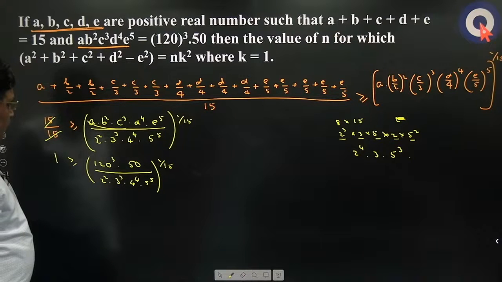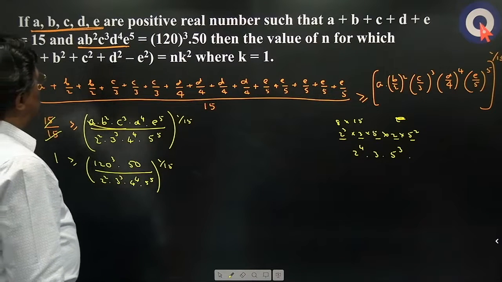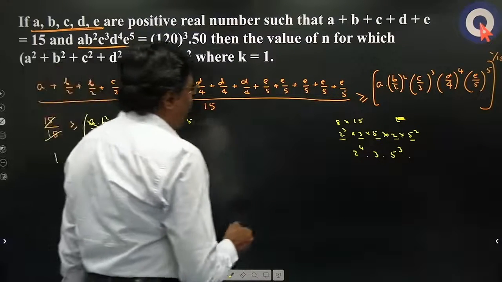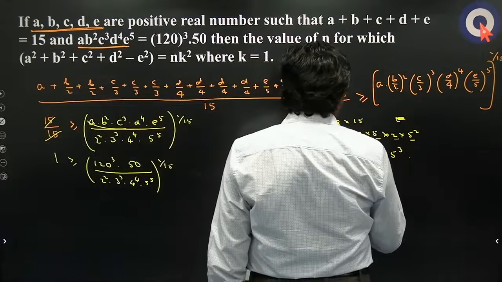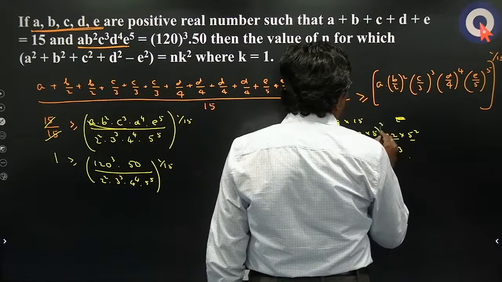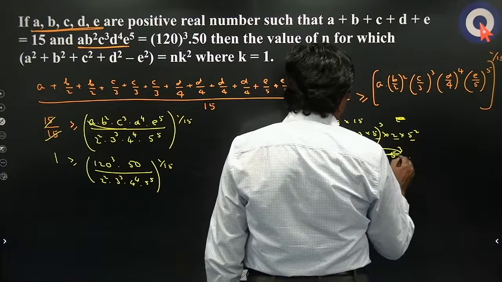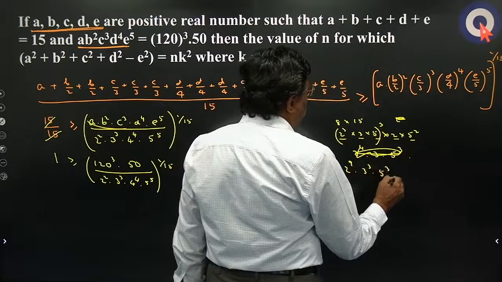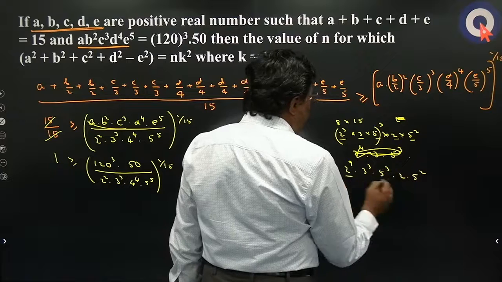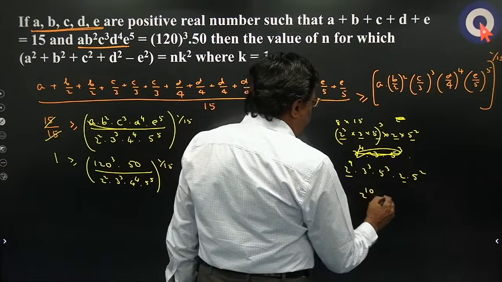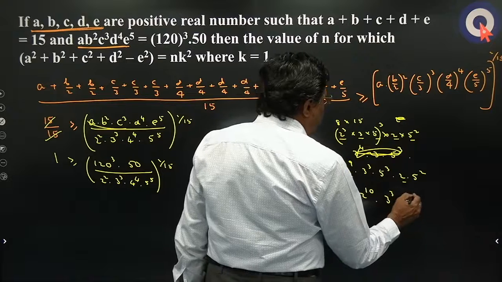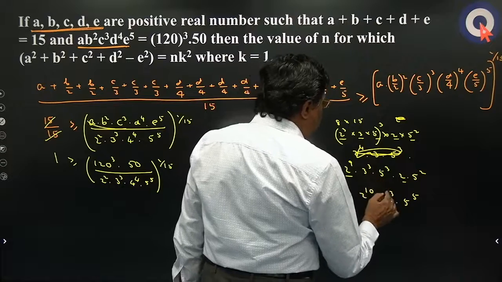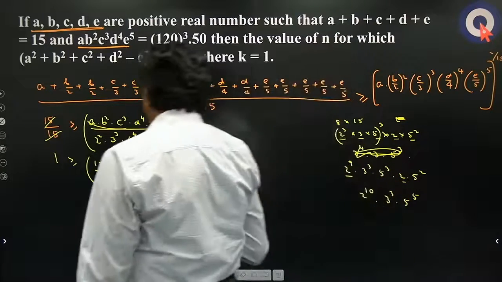I must be making some simplification error. I have 120 cube, so it is a whole cube here. That means I have here 2 power 9, 3 cube, 5 cube, 2, 5 square. So this becomes 2 power 10, then 3 cube, 5 power 5. Hope I am doing it right.